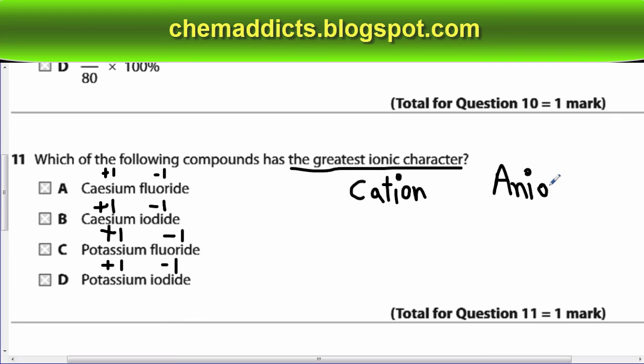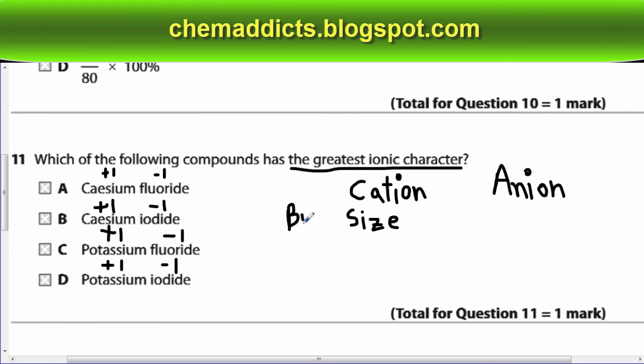Let's look at the size, which has the biggest size in the case of cations. Which has the big cation.